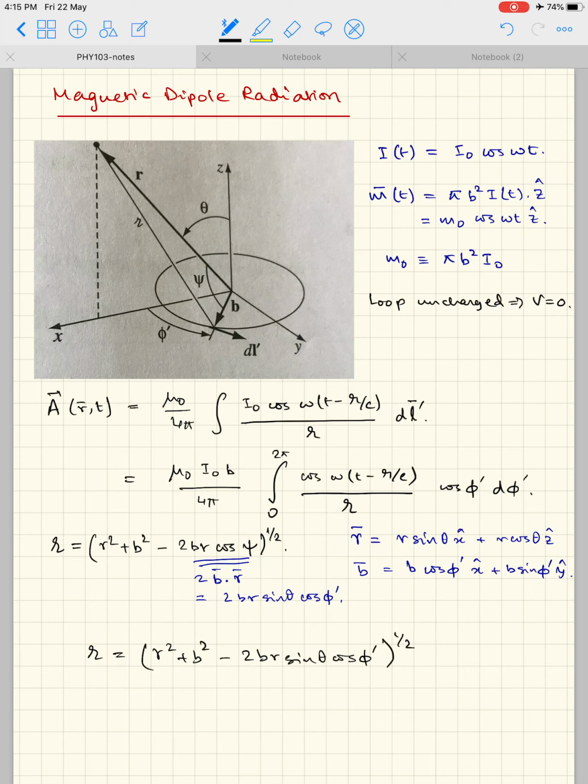Now we are going to do, like we have done, our series of approximations. Approximation 1, like in the previous case, is that we want a perfect dipole, so we actually want the loop to be very small.